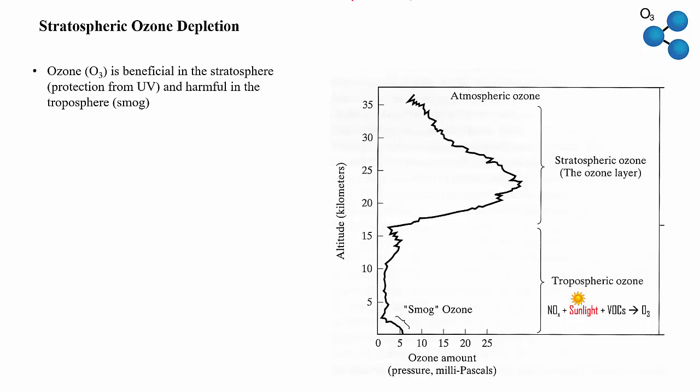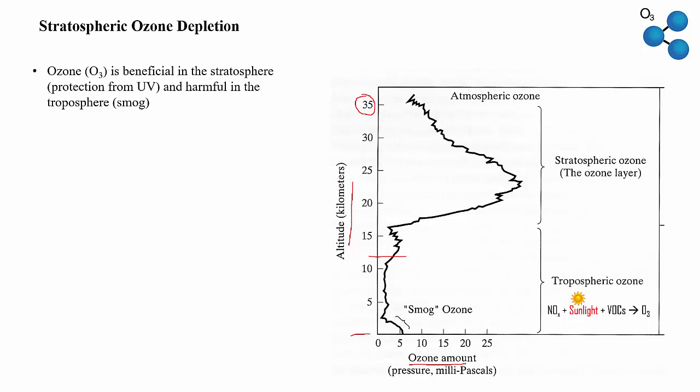On the vertical axis, we have altitude going from ground level up to 35 kilometers. And remember, the troposphere goes up to about 11 kilometers, depending a little bit on latitude, and above that we have the stratosphere. On the horizontal axis we have the ozone concentration.